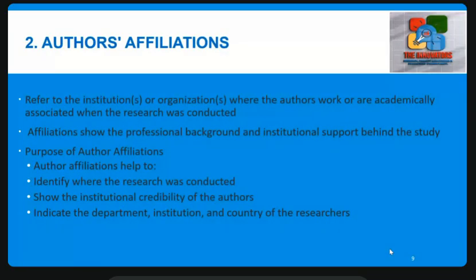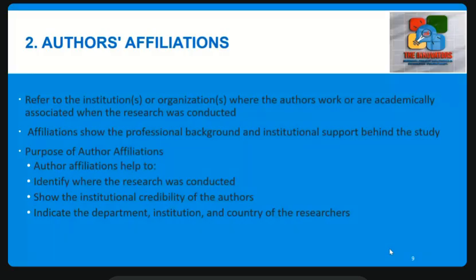So the affiliation is where the author comes from in terms of the institution or the organization. It also underscores where the study was conducted. The affiliation shows the professional background and the institutional support behind the study.